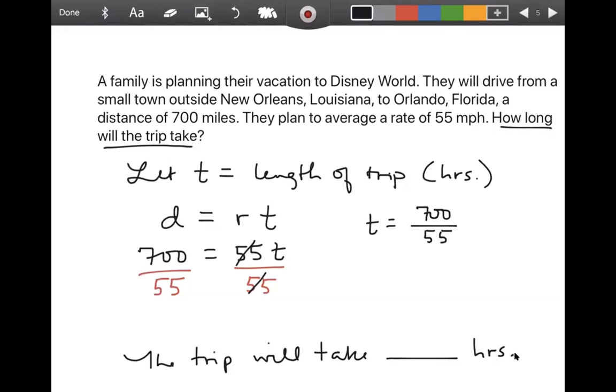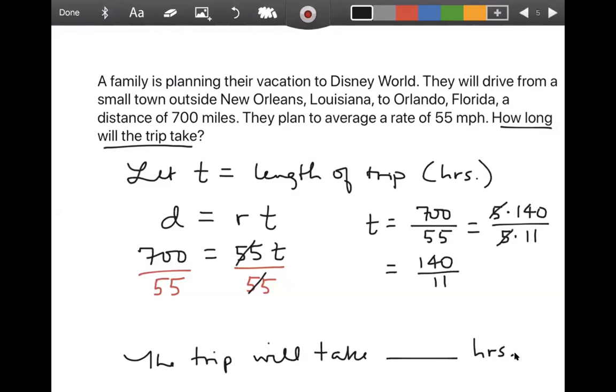So let's first simplify this. 55 and 700 have a common factor 5. Okay, so the simplified improper fraction for this is 140 over 11.